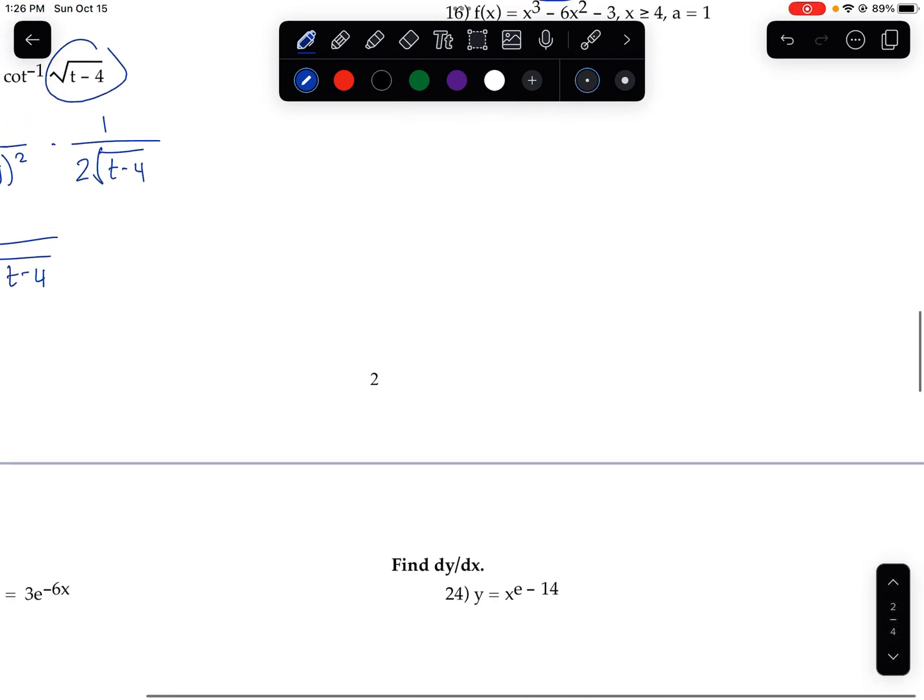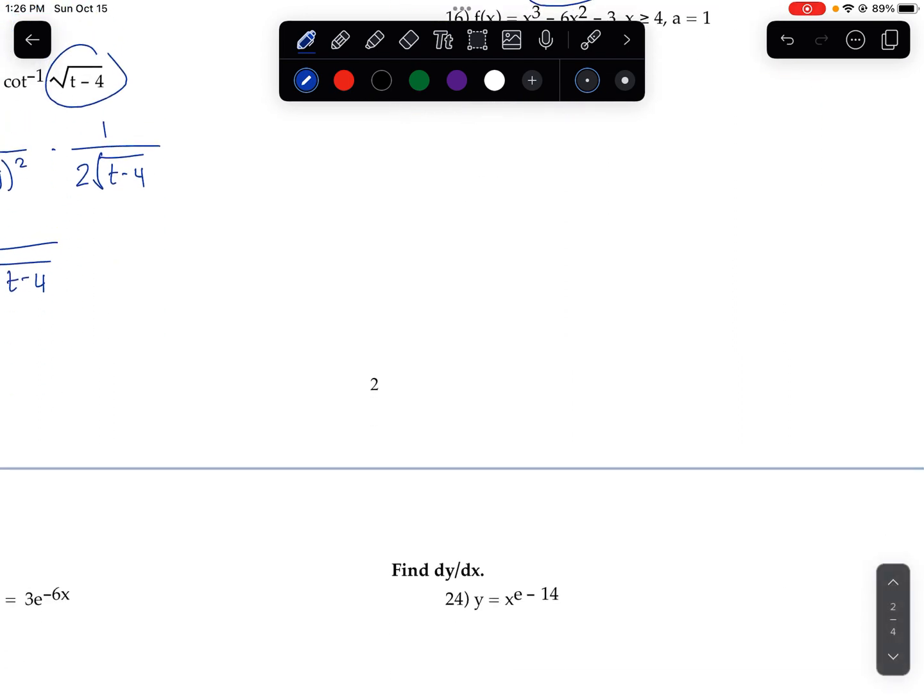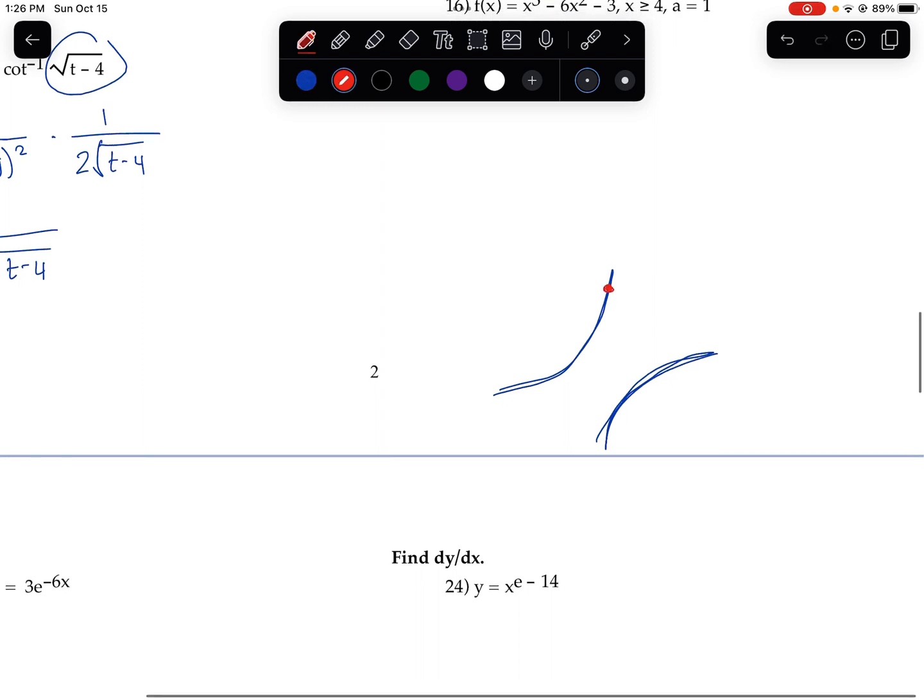To give a more visual representation, say you have two functions and they're inverses, which means they would be reflective of each other over the line y is equal to x. And because of that, they share corresponding inverse points, where if this was a point a comma b, the inverse function would have a point of b comma a.